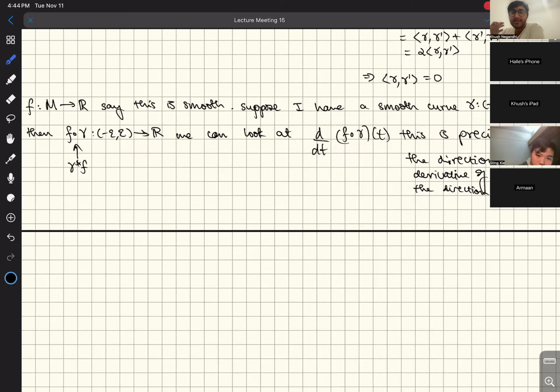we can define tangent vectors as functions.